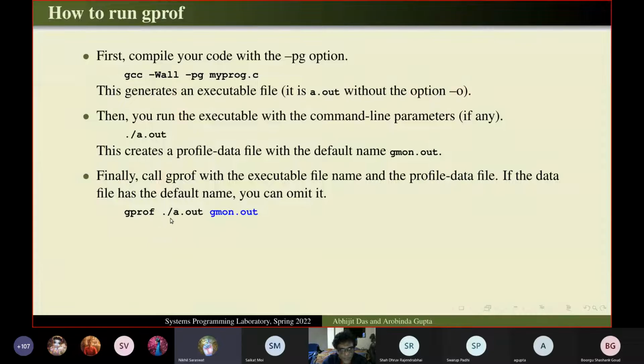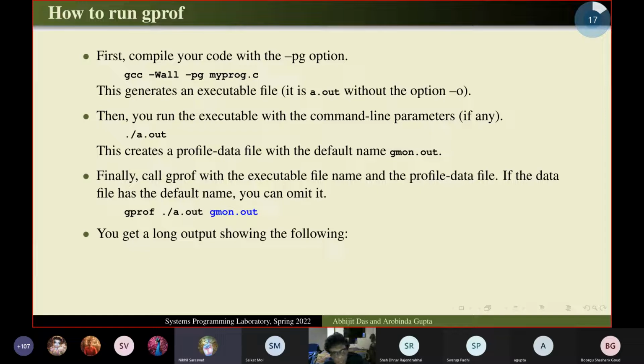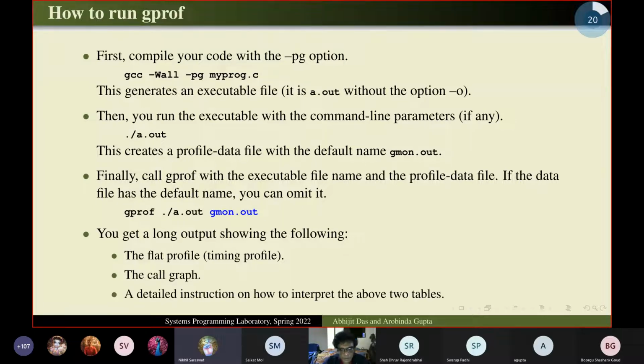So gprof a.out does not run a.out. It still requires this in order to know the symbols, function names, and all other stuff. And it only reads this and, looking at the symbols here, it will give you some detailed profiling data. And that data includes the flat profile, which you also can call the timing profile, the call graph, and also some detailed instructions on how to interpret the above two tables.